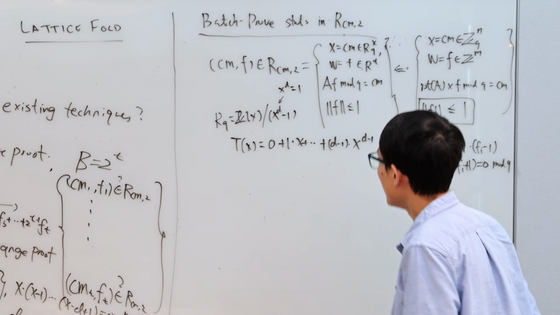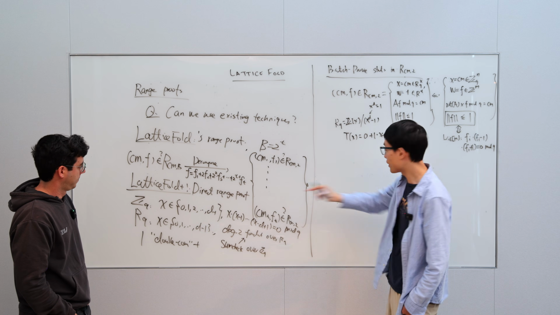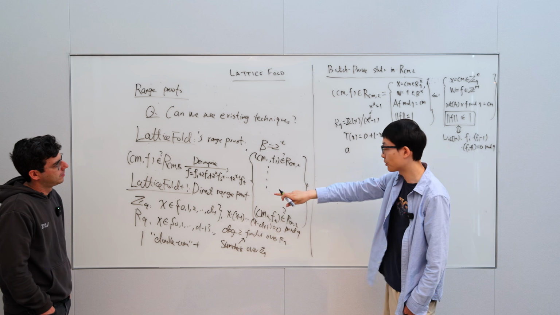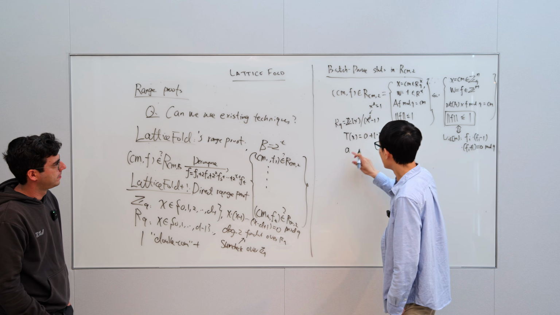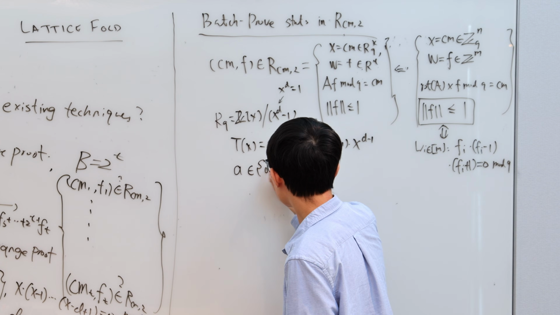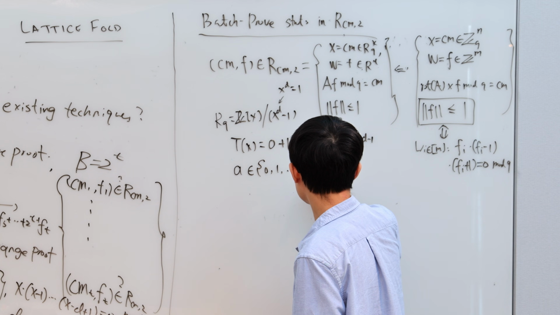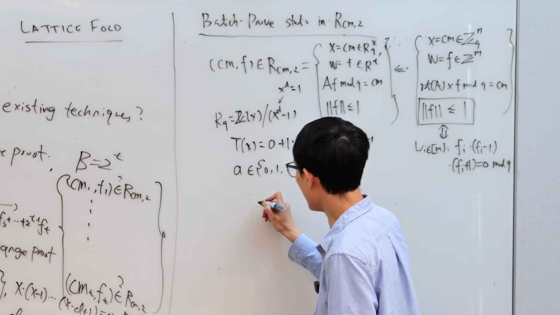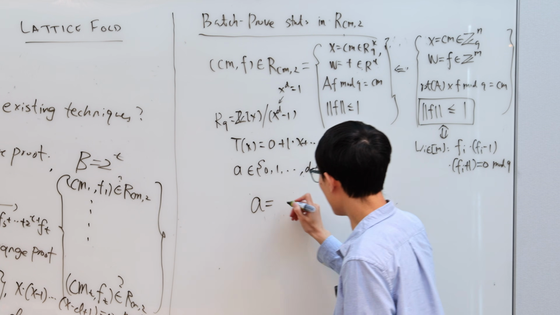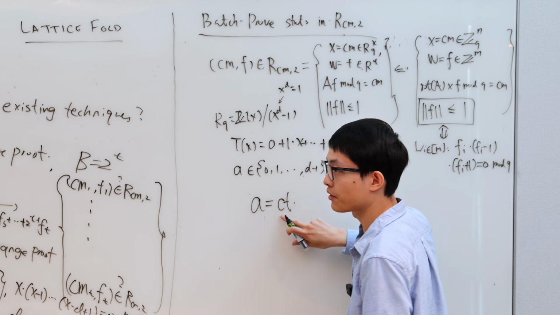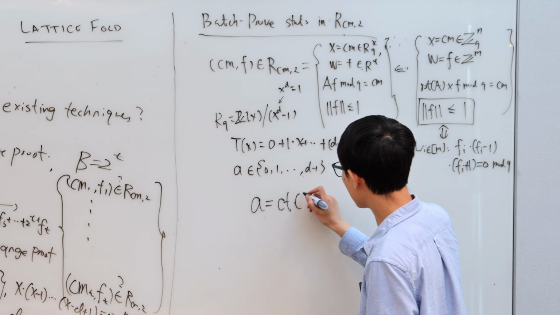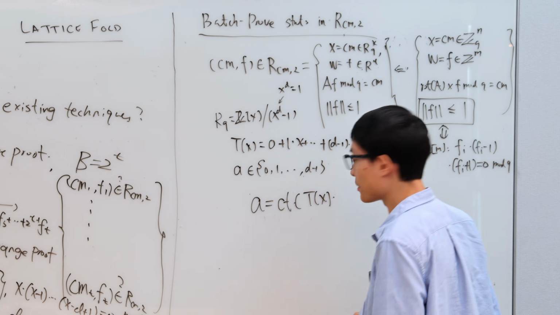Okay. And now you have a number, let's say a. I want to check a is in the table, right? I want to check a is in 0, 1, to d minus 1. How to check that? It's the same as saying that a equals the constant term of a multiplication, which is T(x) times something else.